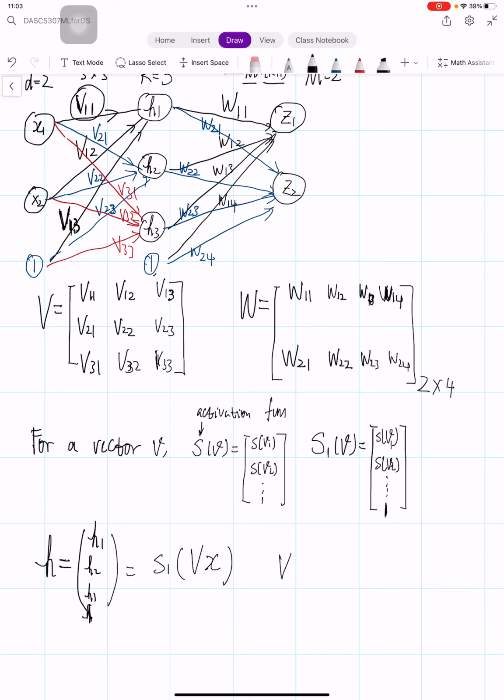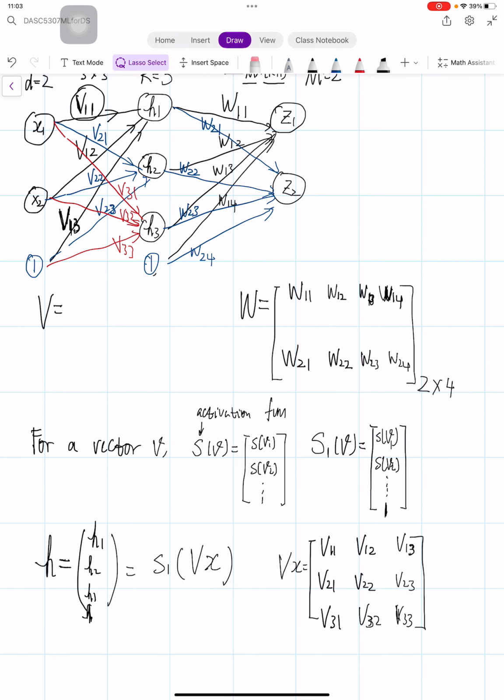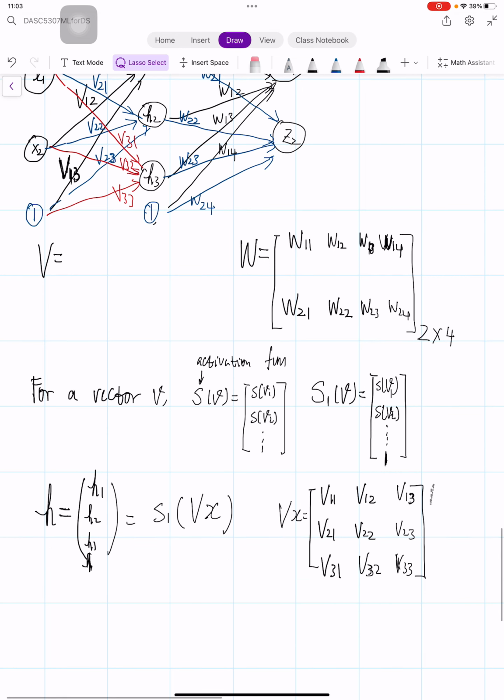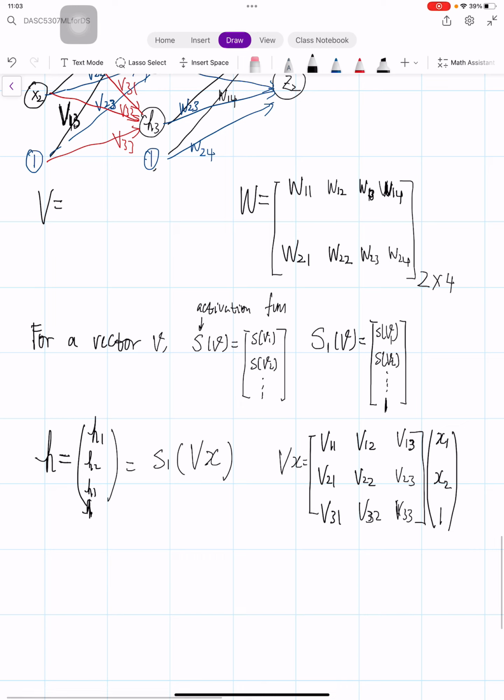Actually, if you notice, the v matrix times x, let's rewrite this here, is v times x. This equals this matrix multiplied by x, so it's x1, x2, and constant 1.